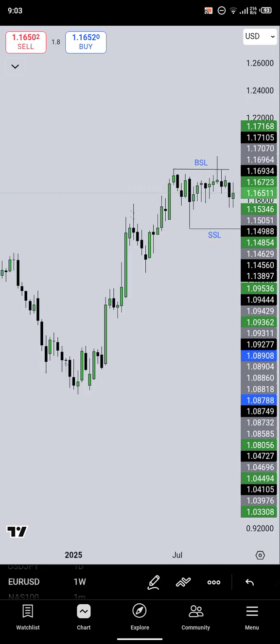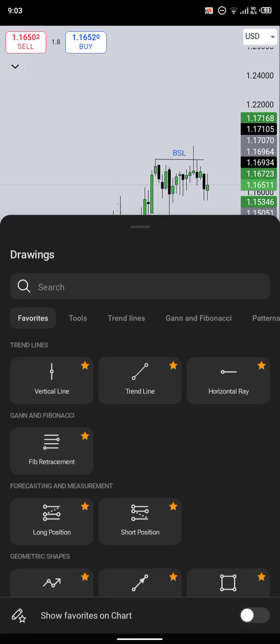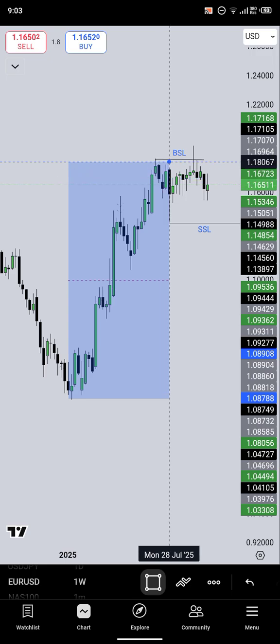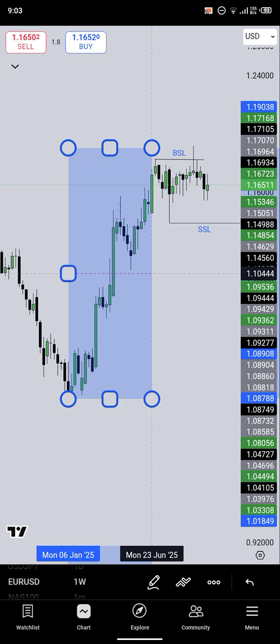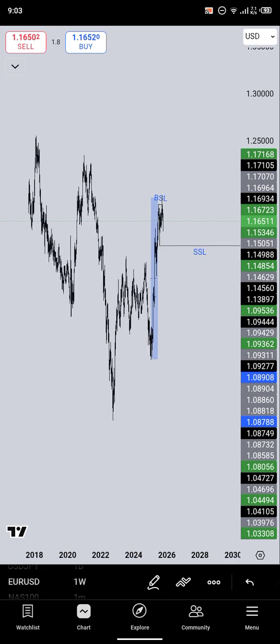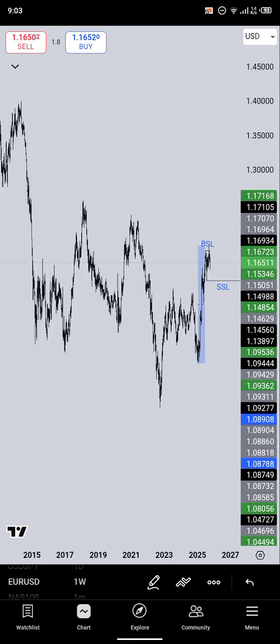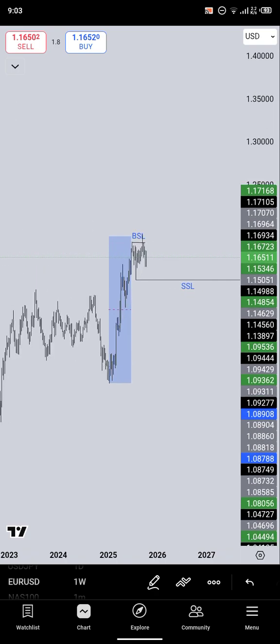As we can see, for a while now Euro USD has been bullish. So maybe probably targeting this buy side liquidity. Yes.